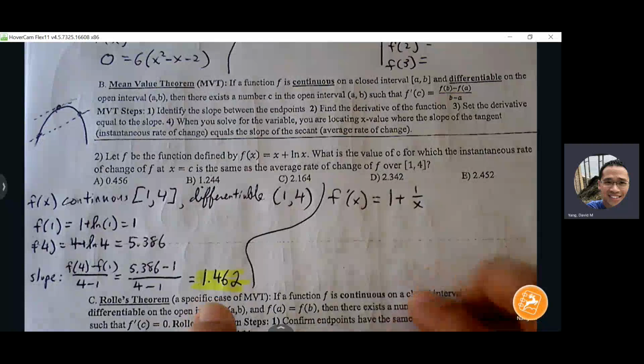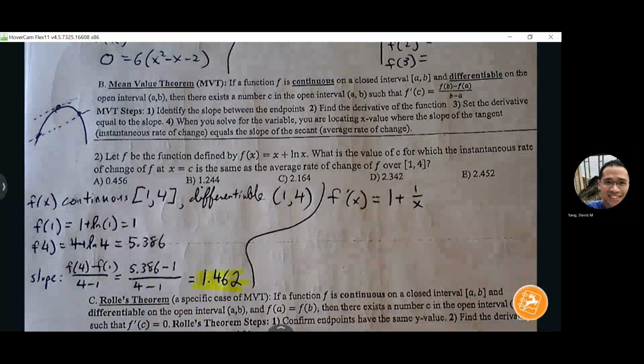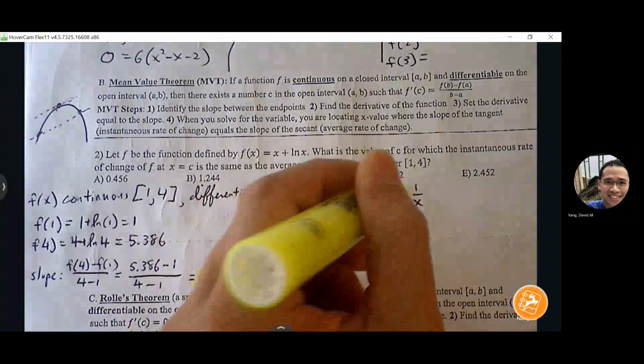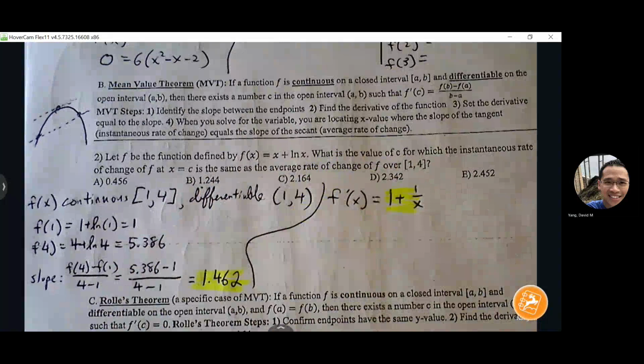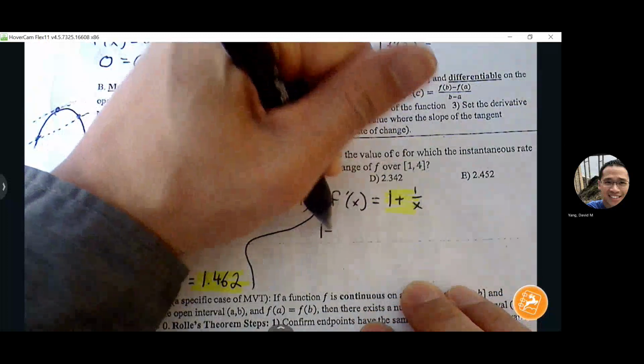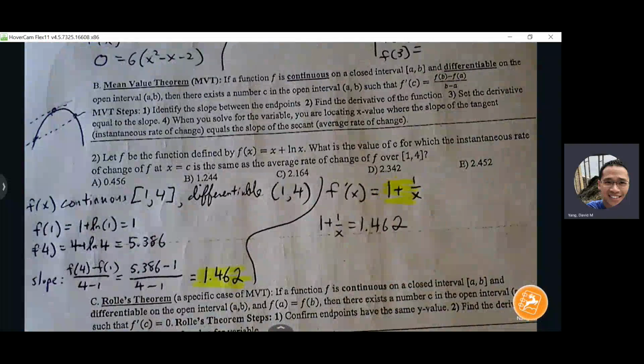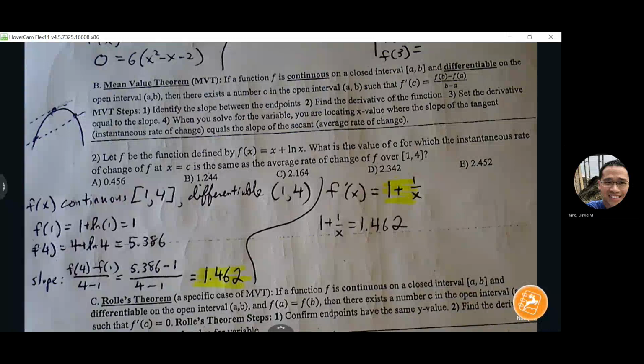So I set this equal to 1.462. Because that's exactly what mean value theorem is doing, right? We're setting the derivative equal to the slope.